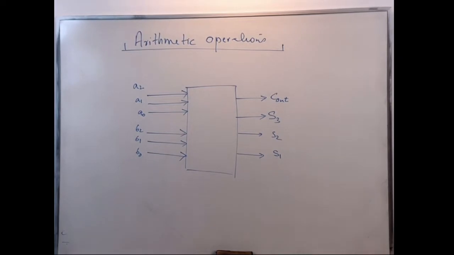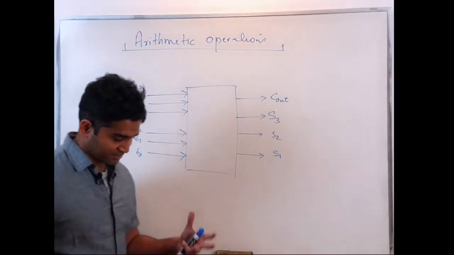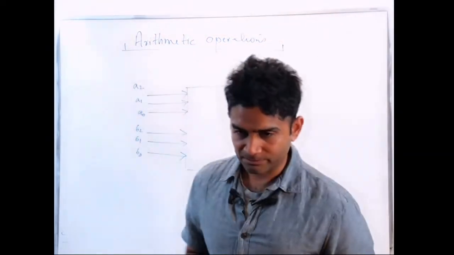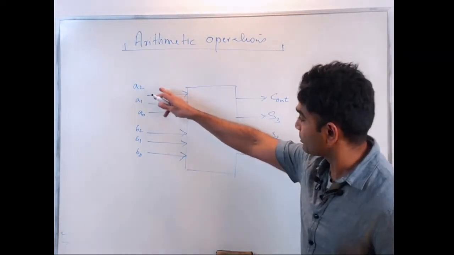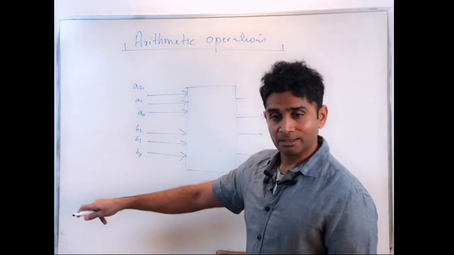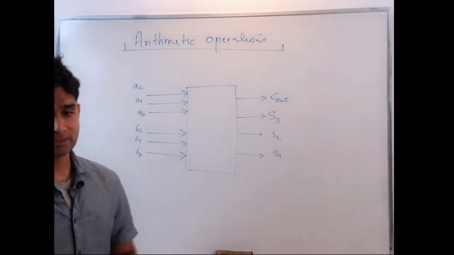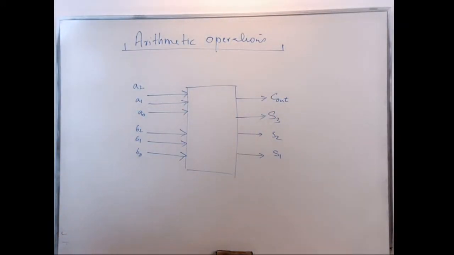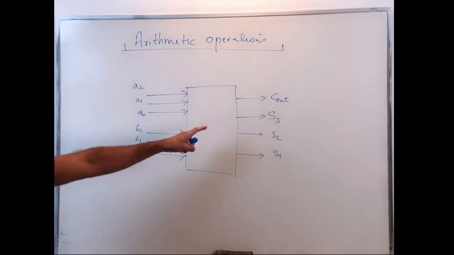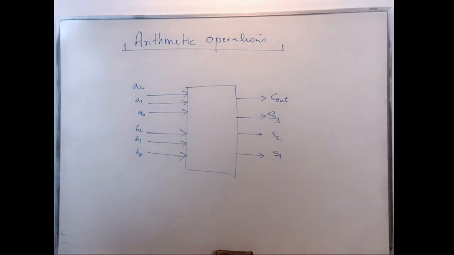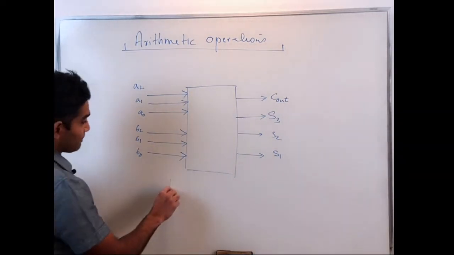All right, the 3 binary bits. How many inputs? I have 6 inputs, 2 power 6 number of cells, right? And 4 outputs. It's already getting complicated with the K-map.